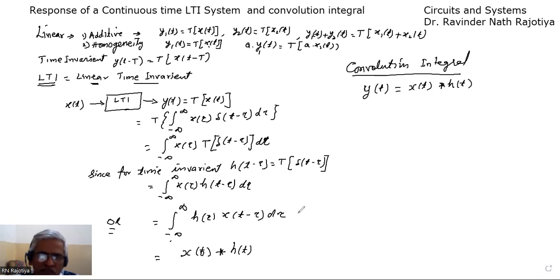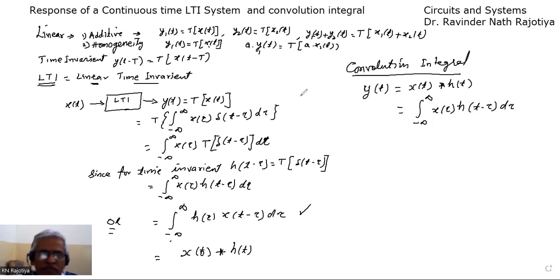So I can substitute this value, which is nothing but the integral from minus infinity to plus infinity of x of tau into h of t minus tau d tau. So this is commonly called a convolution integral.